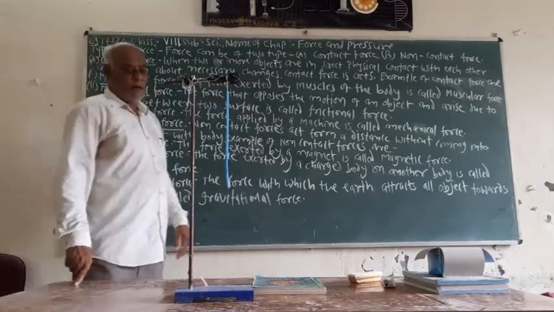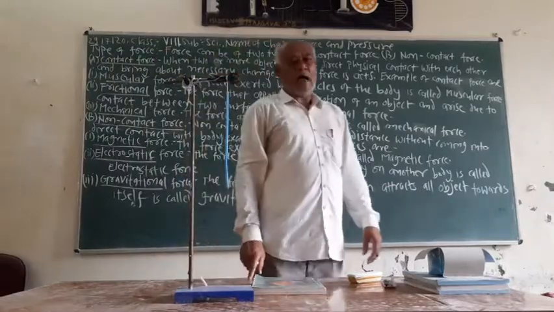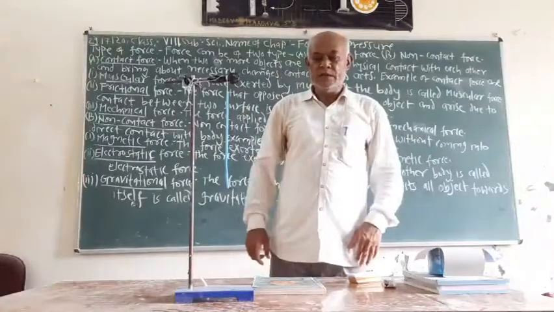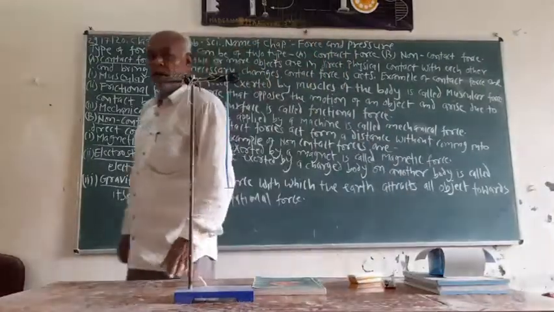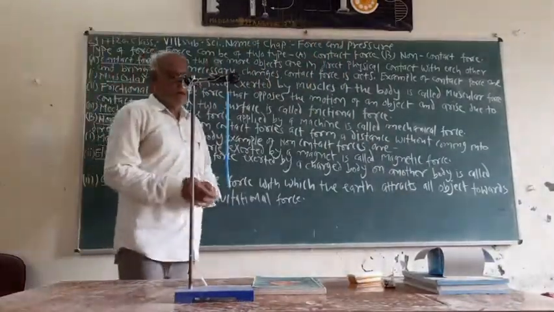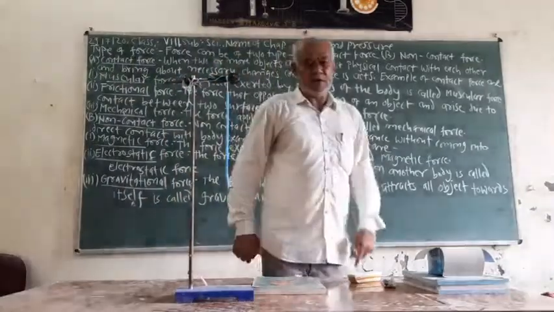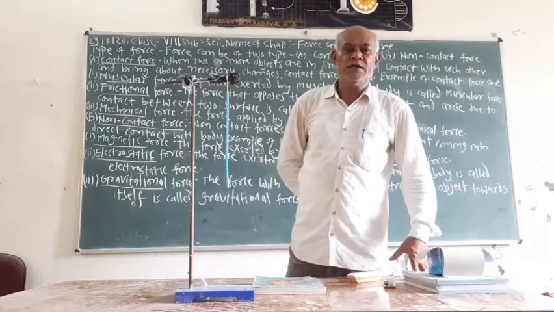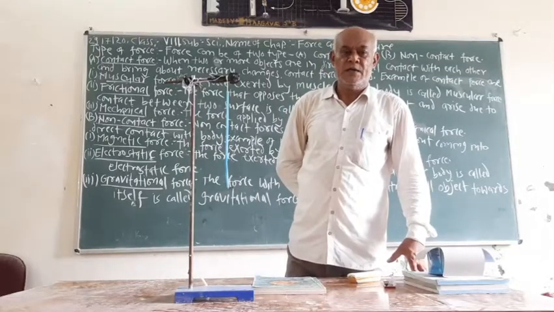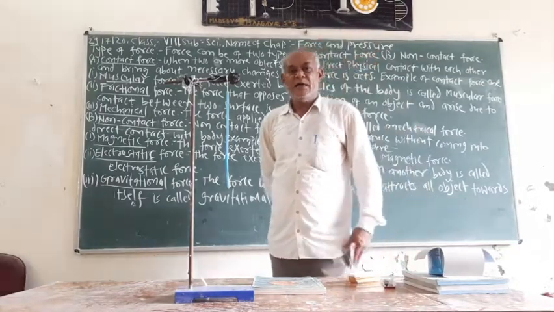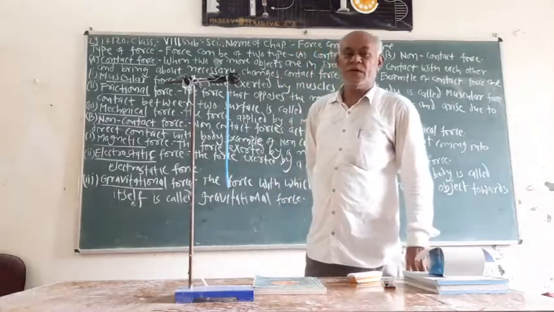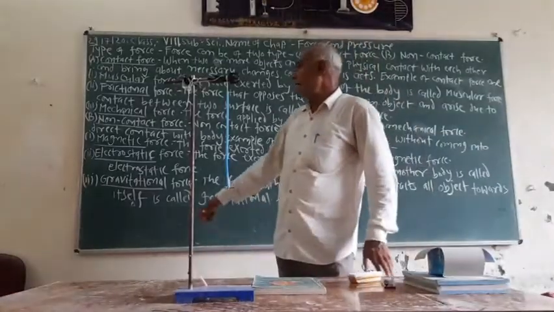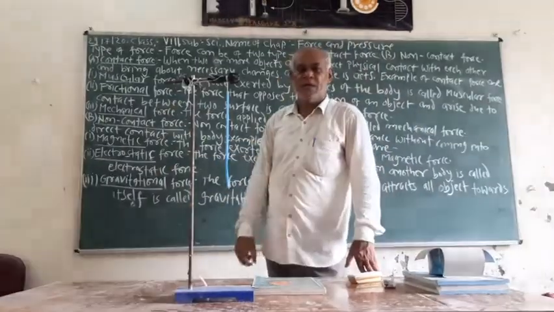For example, the tire of a vehicle is in contact with the surface of the road and is in motion. So the road applies a force on the tire, which retards or slows down the motion of the tire of the vehicle. This is an example of frictional force.